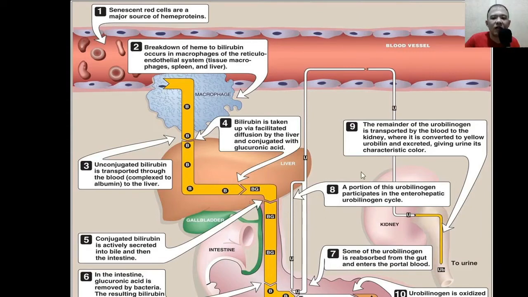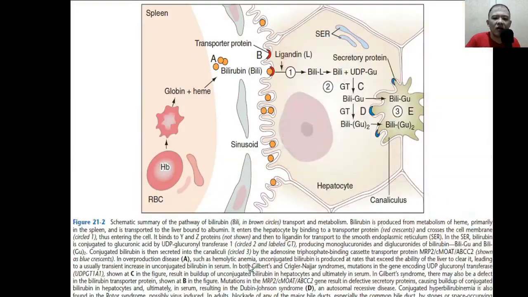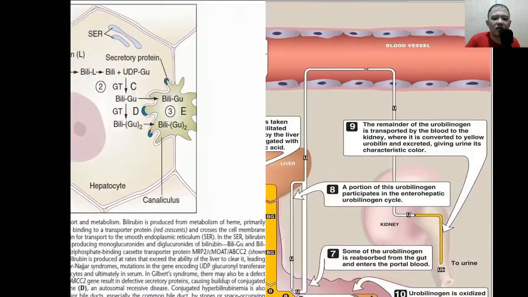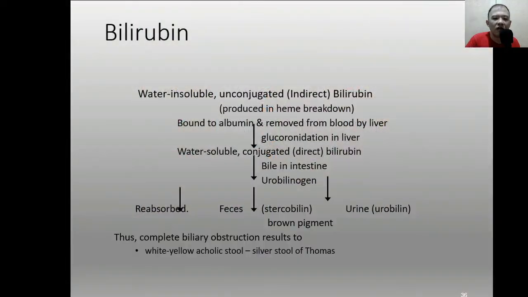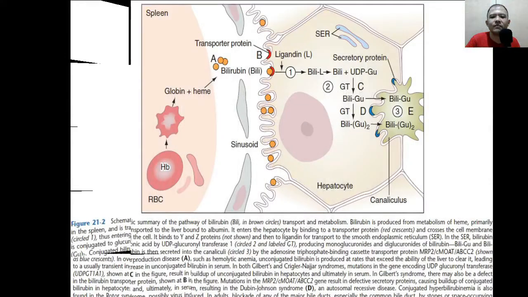It's being recycled, or the majority is being dumped out in the feces in the form of stercobilin that will give a pigment in the stool. So when there is no pigment, that is what we call an acholic stool, or the other term is a silver stool of Thomas.